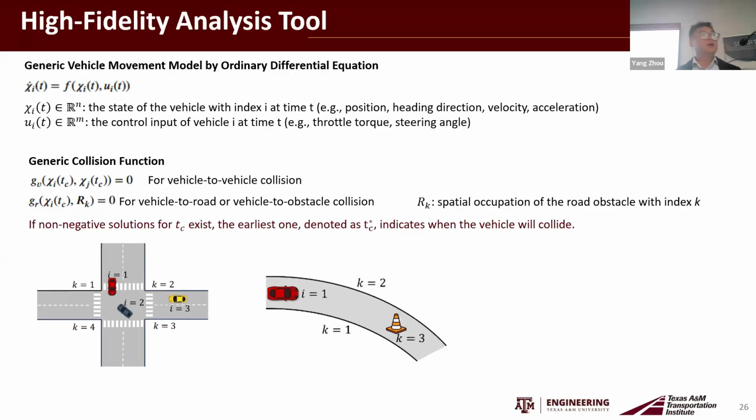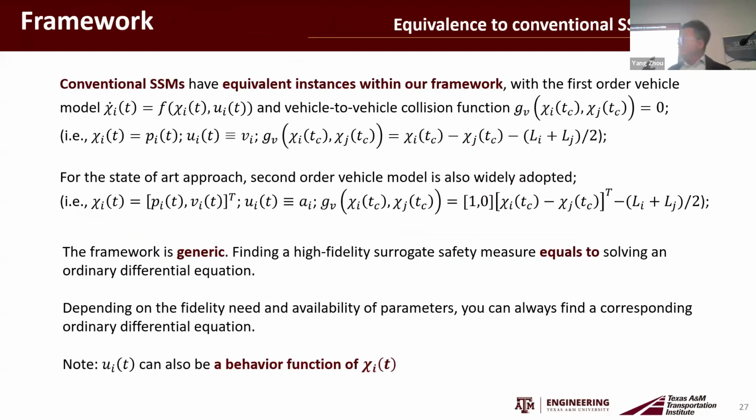So this is quite mathematical, but here I would like to give you some equivalents that you can directly link to the traditional surrogate safety measures. For example, if you like the state to be the position, and you like the control input to be the speed, which remains constant, and the general clearance function is a position offset minus the vehicle length, then you can directly get the traditional time to clear.